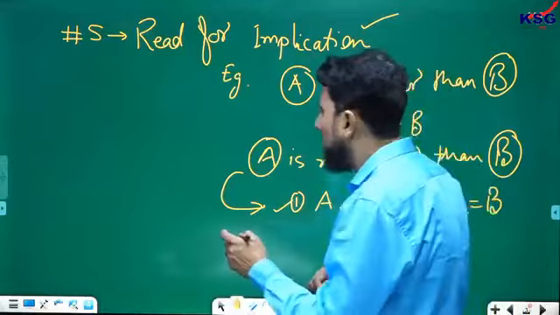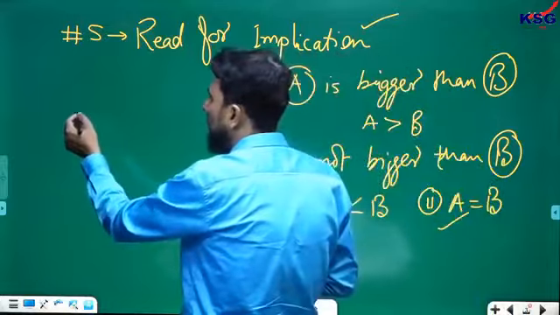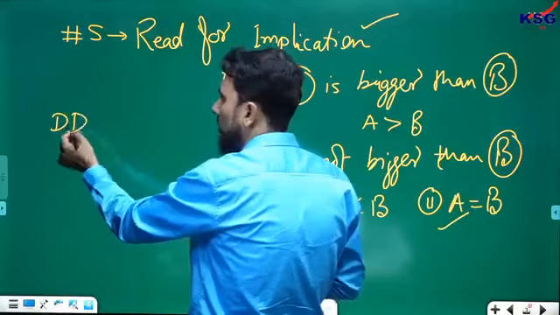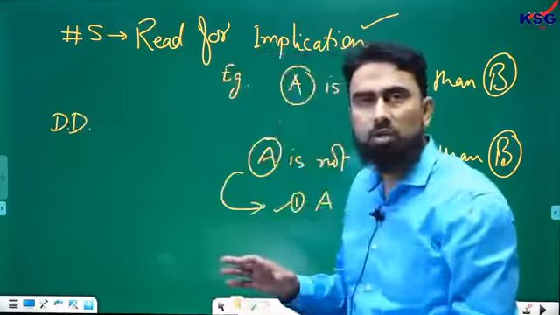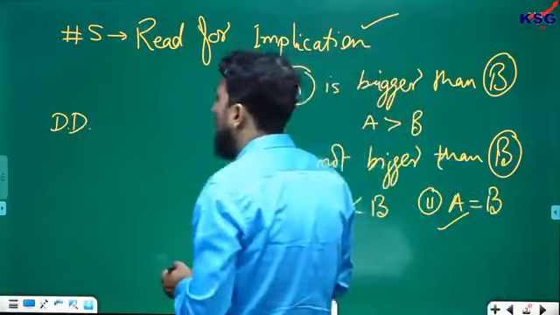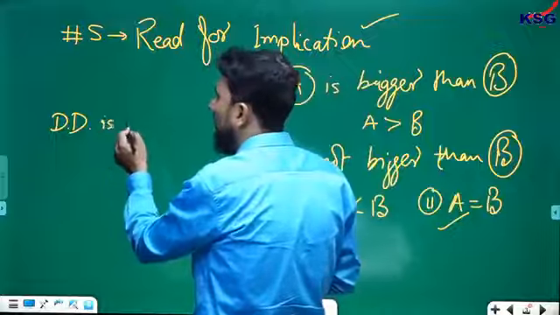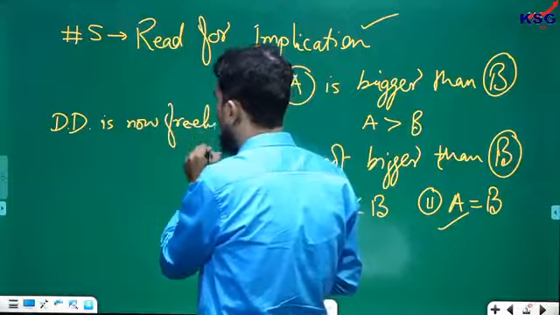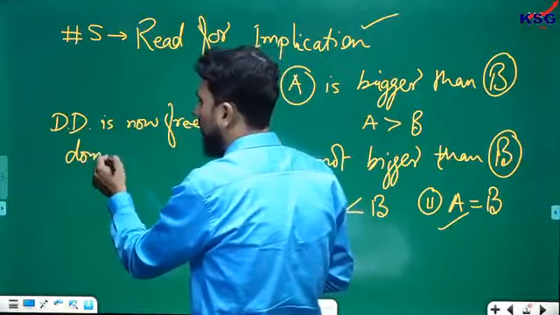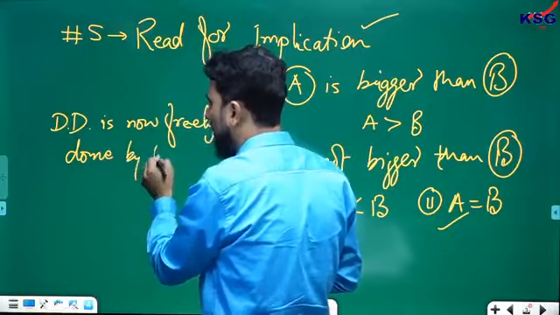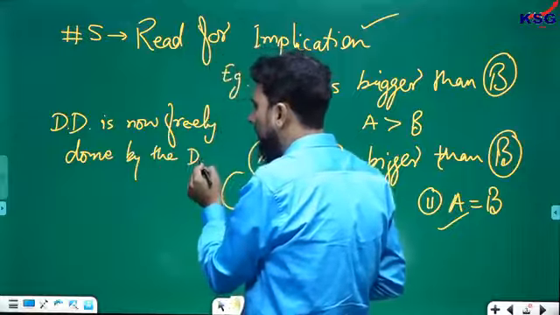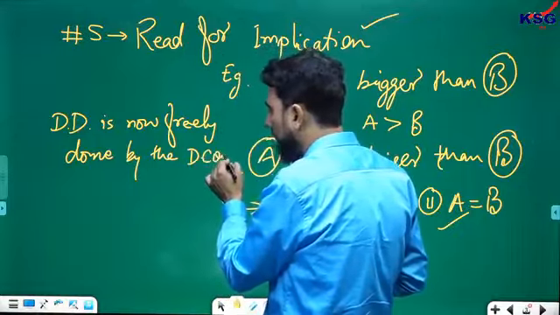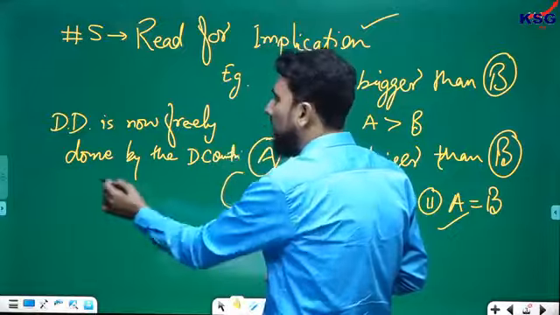I cite you an example of a CSAT passage where the author says that the data drainage, I'm just using the initials, data drainage is now freely done by the developed countries or the companies of the developed countries from the developing countries.